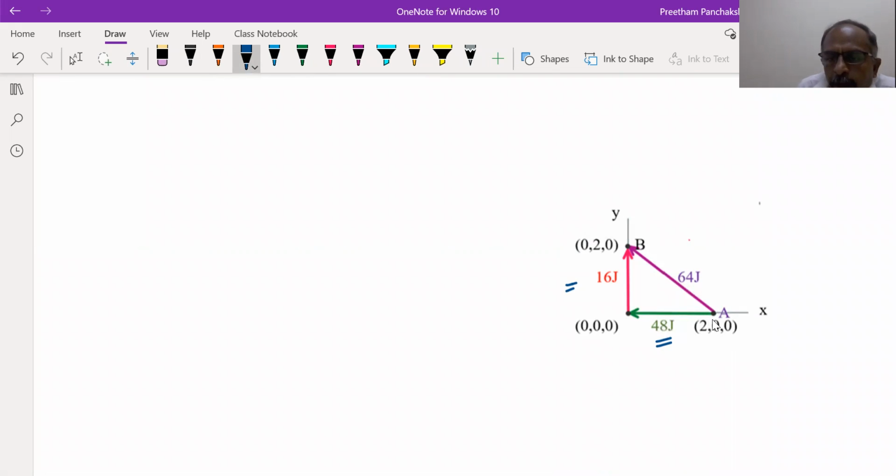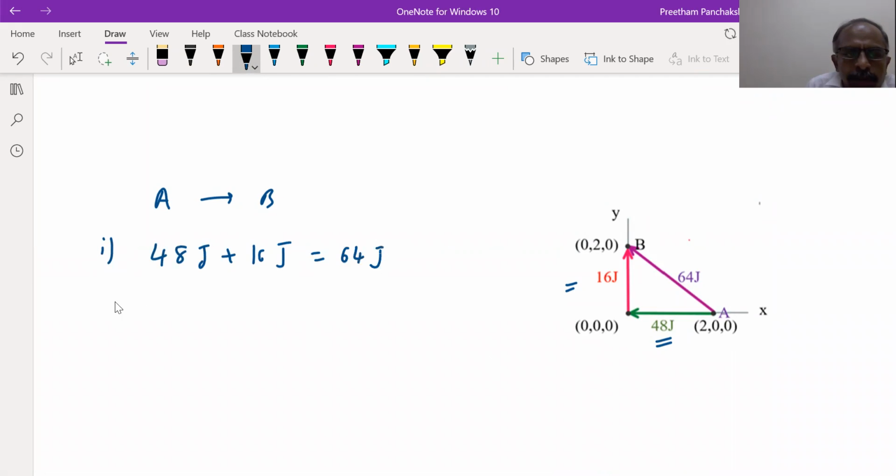If you observe carefully, from point A to point B there are 2 paths. Path number 1, 48 joules plus 16 joules, we got 64 joules.